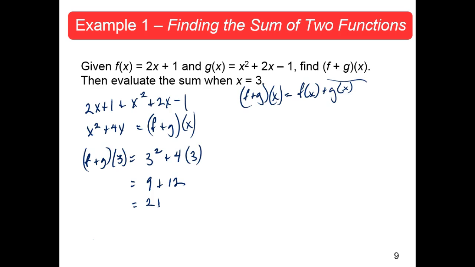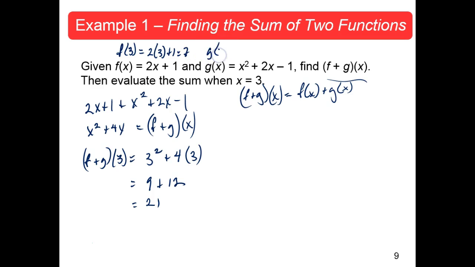Perfect. Okay? Now, just for funsies, let's see what we get when we plug in f of 3. What would that be? 2 times 3 plus 1, and what would that be? 7. Okay?